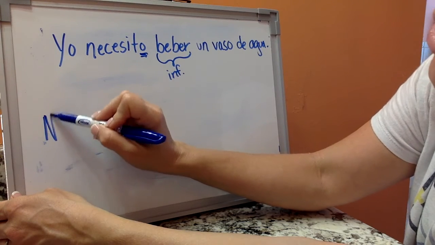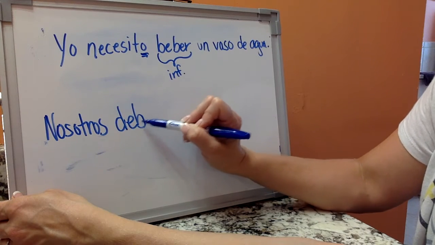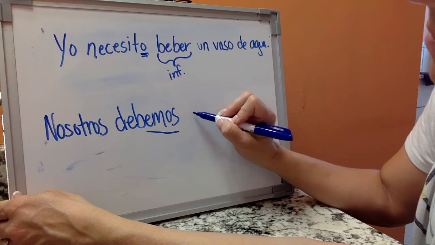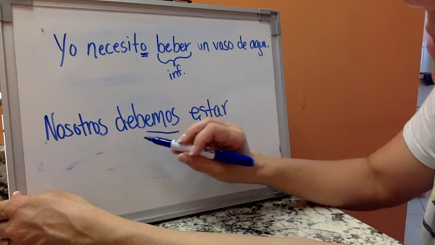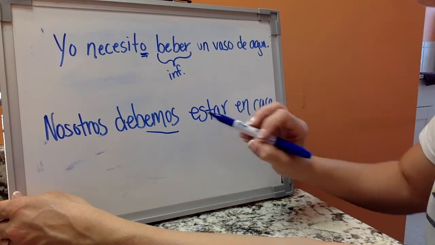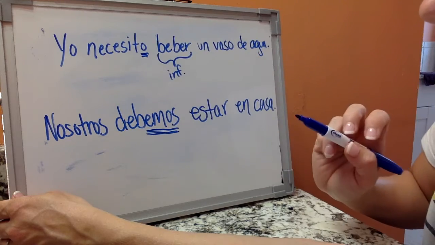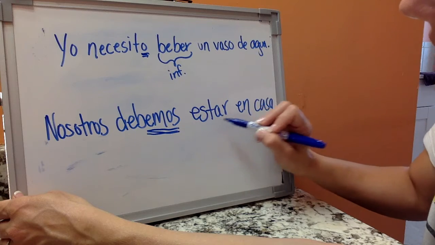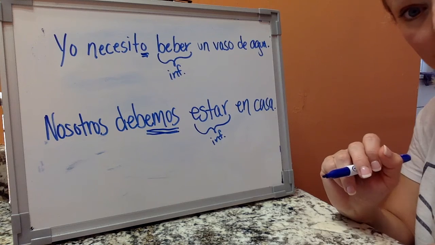So nosotros debemos, so we should or we must, debemos estar, be, talking about location, debemos estar en casa. See? So again, I conjugated my verb. Doesn't matter if it's an ER or an IR verb, okay? It just has to match your subject. Nosotros debemos estar en casa. And estar is your infinitive, okay?